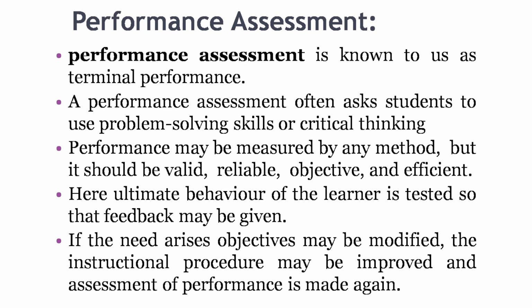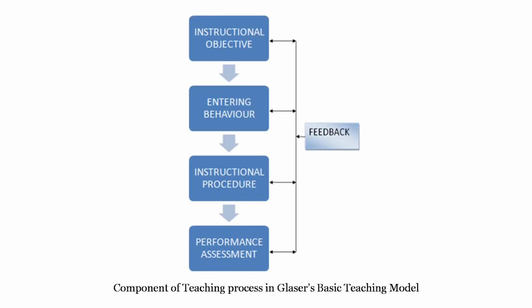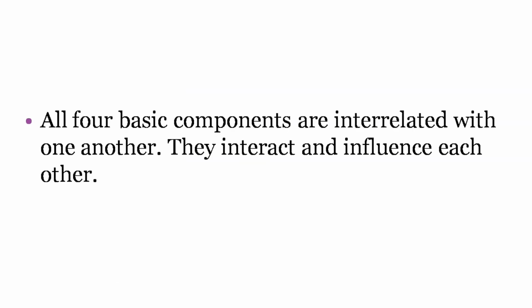If the performance assessment indicates that the learners have not been able to achieve the objectives, necessary changes are brought about in any one or all preceding elements of this model, so that the goals of instruction are attained. All four basic components are interrelated, interact, and influence each other.